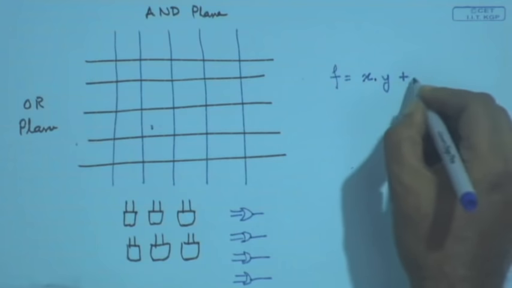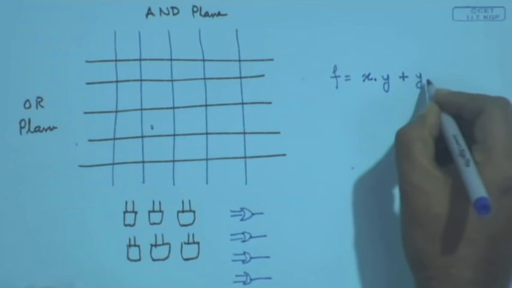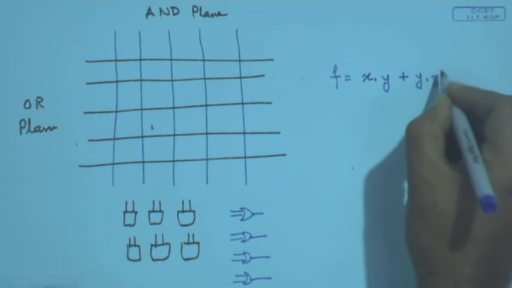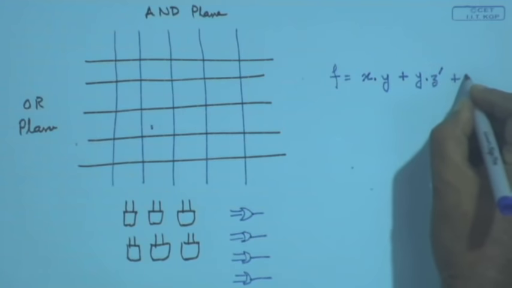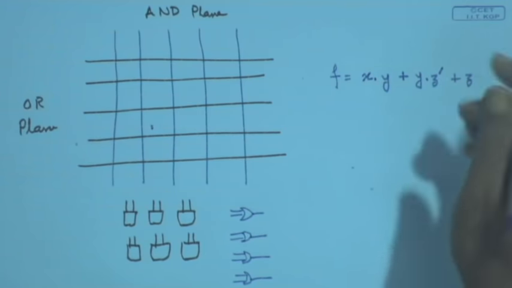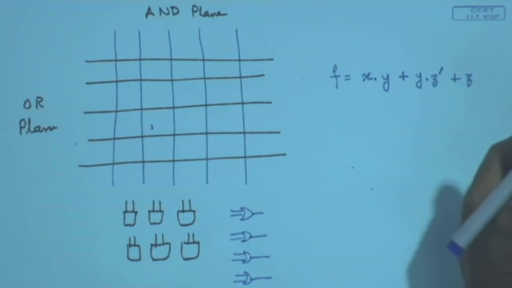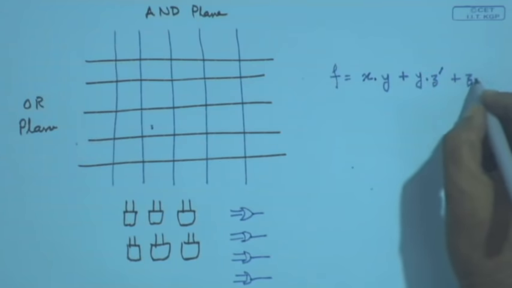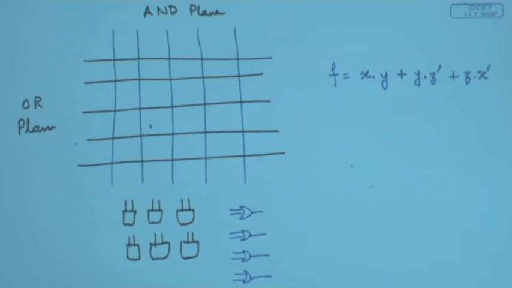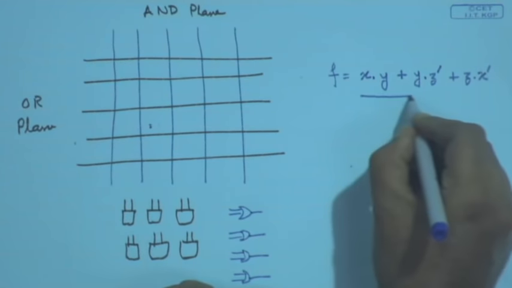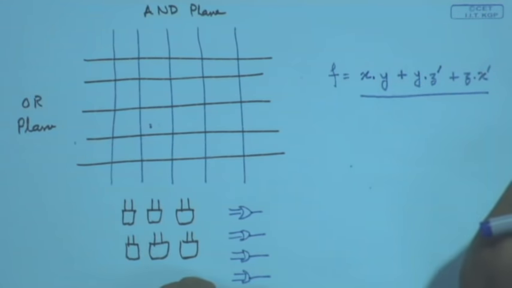I can write in this way. Say I am talking of a 3 input function x, y and z. Now, this is nothing but a combination of ANDs and ORs.